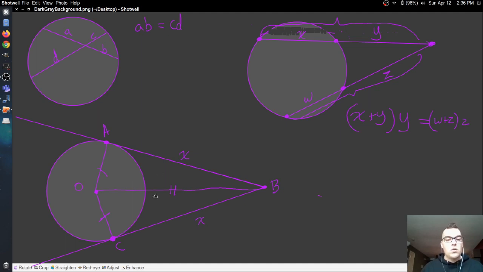So I've got these two triangles here, and whenever you have a radius drawn to a tangent, it's 90 degrees there. Same thing over here. So I've got two right triangles. By hypotenuse leg, the two triangles are congruent. So by CPCTC, these two legs are congruent.